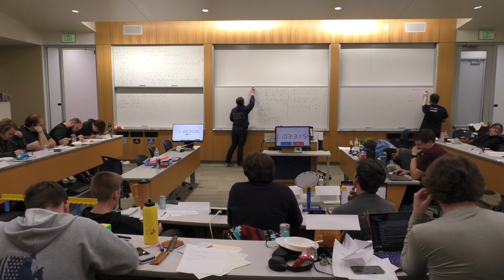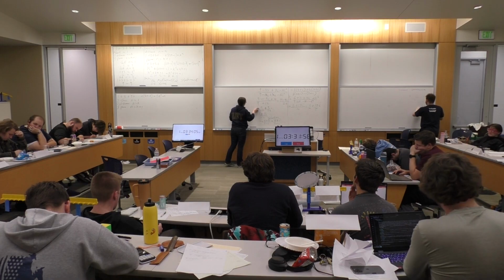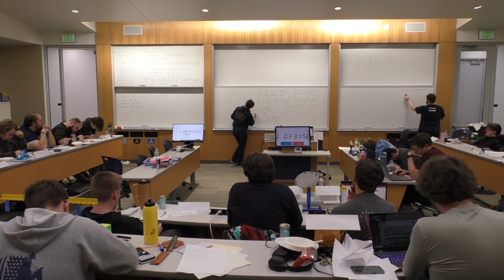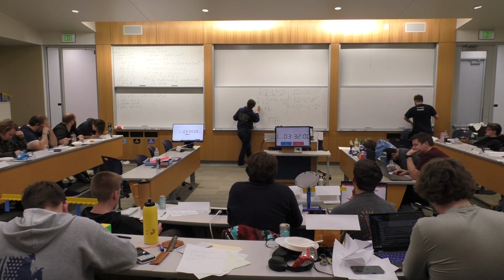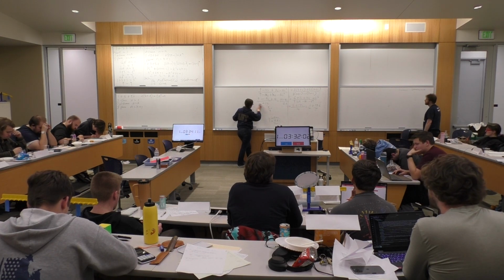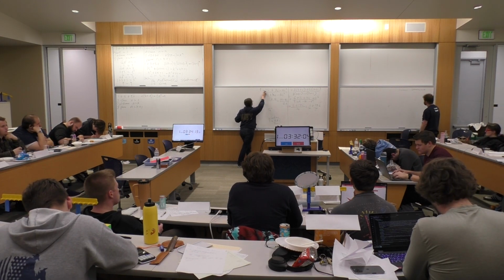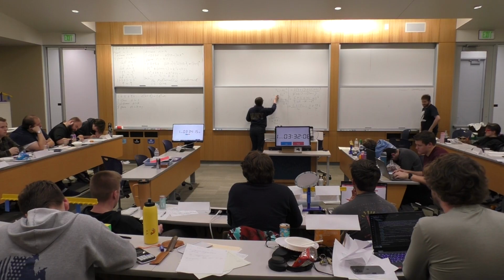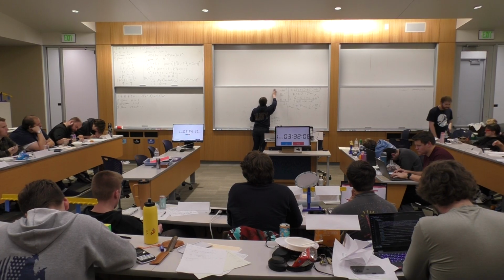The second part is you plug in k to everything, that equals each other. And then plug in k plus 1, and you show that it equals the original equation.